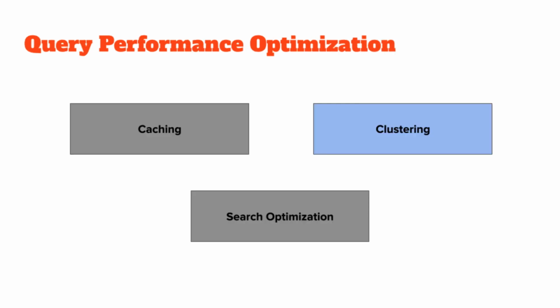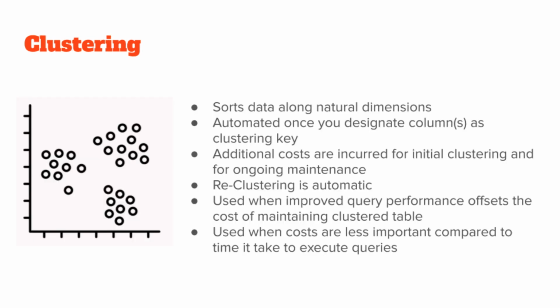Moving on to the next query optimization strategy, clustering. In order to improve the performance of certain kinds of queries, you can enable clustering on tables. Clustering entails automatically sorting and organizing data in tables based on specific columns, referred to as the clustering key.